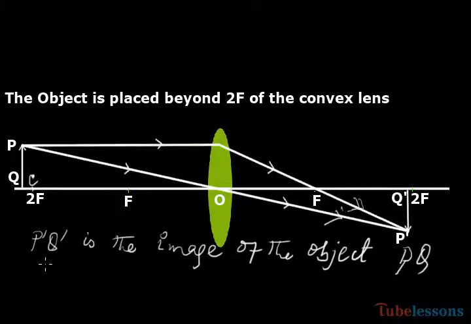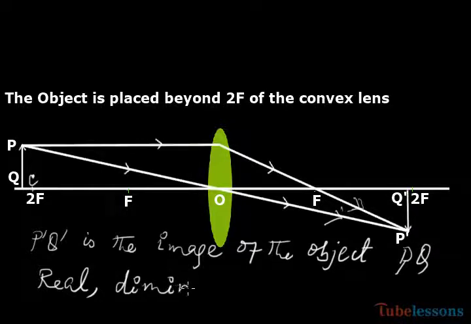Now what is the nature of image? You see, as the rays of light converge at a point and then image is formed, so the image is real image. It is smaller than the object, that is diminished, and always real images are inverted.